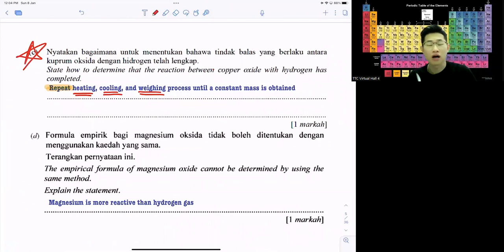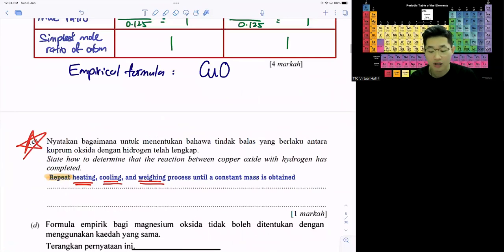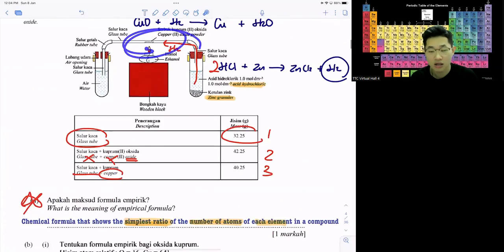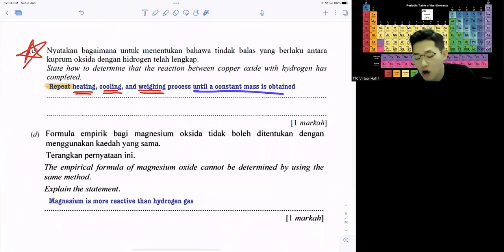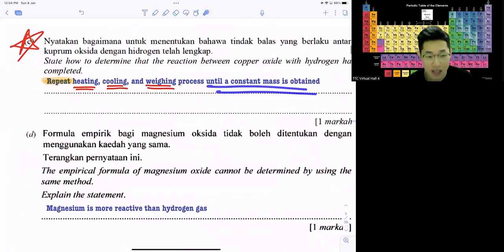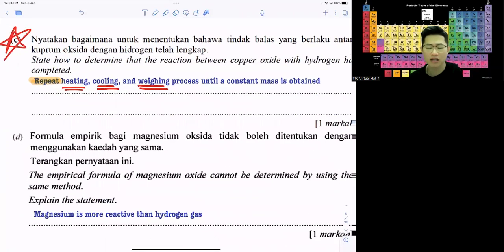That means 你烧了过后，让它冷了，然后再称它的重量。You heat, cool down, you get the mass, then repeat until a constant mass is obtained. So 一直重复到你拿到 constant 的 mass 为止，就代表它已经完成了。Okay, very common this one.